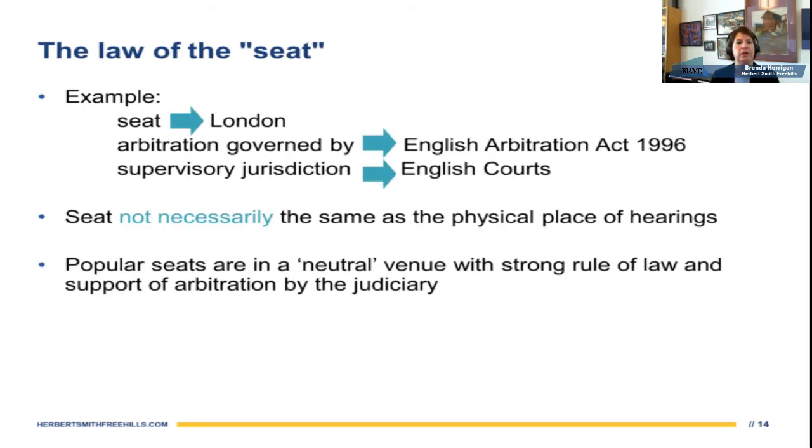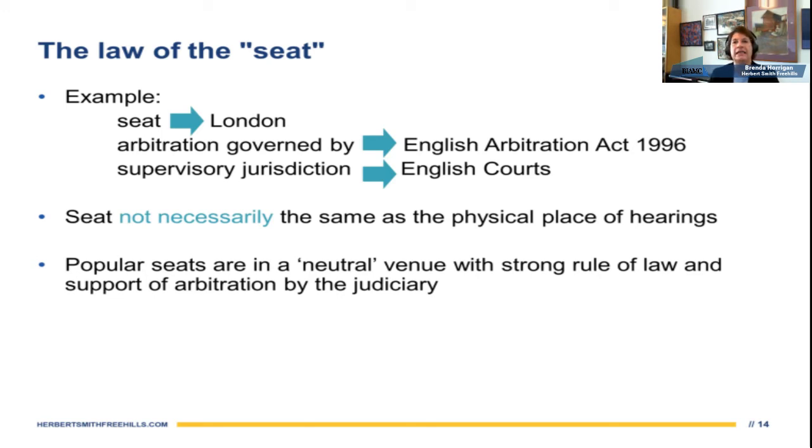Just as an example, if your seat is in London, the arbitration is governed by the English Arbitration Act 1996. The supervisory jurisdiction over the arbitration is that of the English courts.